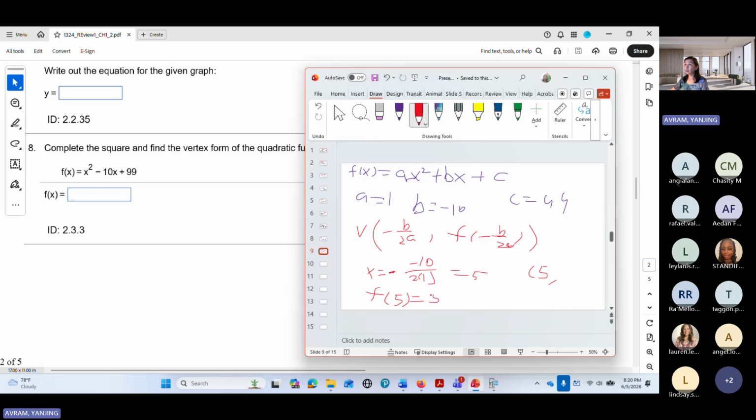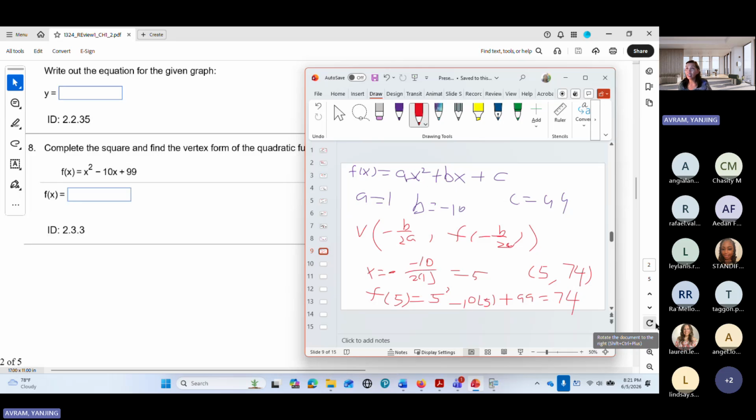This will be 5 squared minus 10 times 5 plus 99. Then we just calculate this. 5 squared is 25, 25 minus 50 is negative 25, negative 25 plus 99 is 74. So you got exactly the same answer.